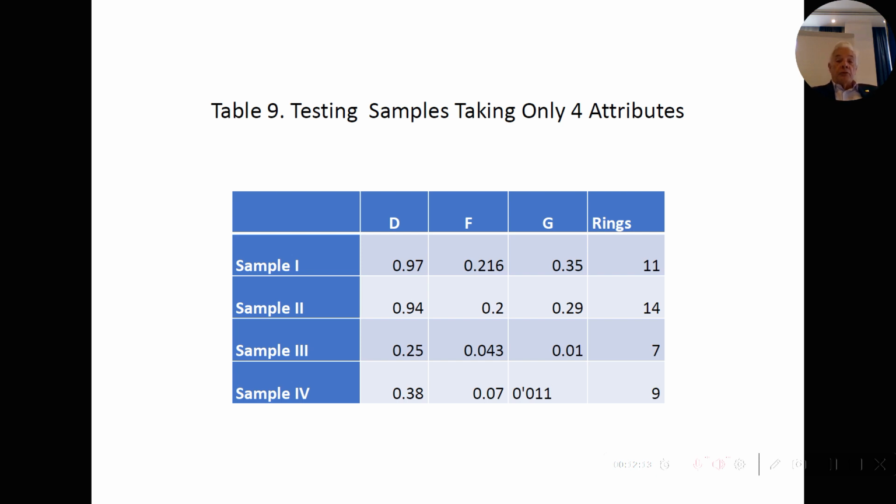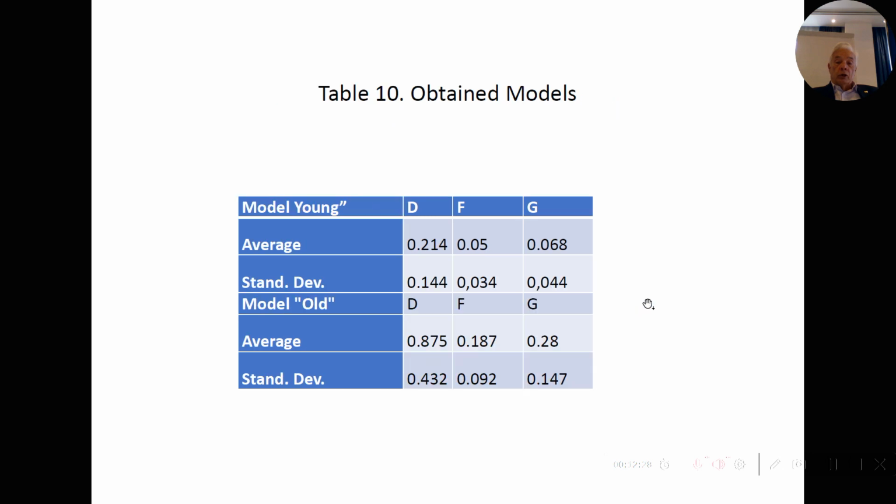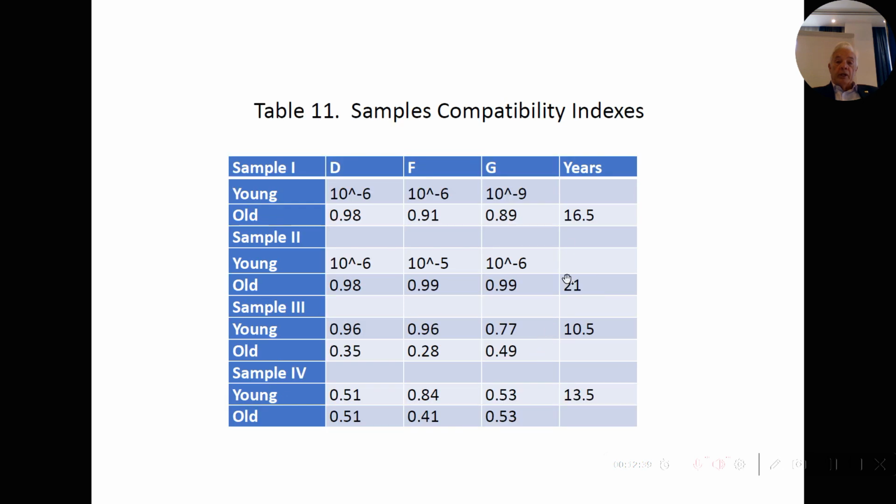And here I have selected, for the same situations, the number of rings, which is equivalent to the age, and here we are defining the age of young and old, and we obtain here the different models, and the compatibility index for each of them.